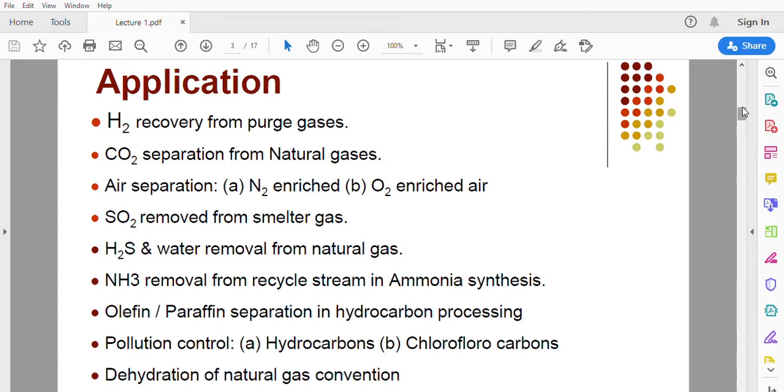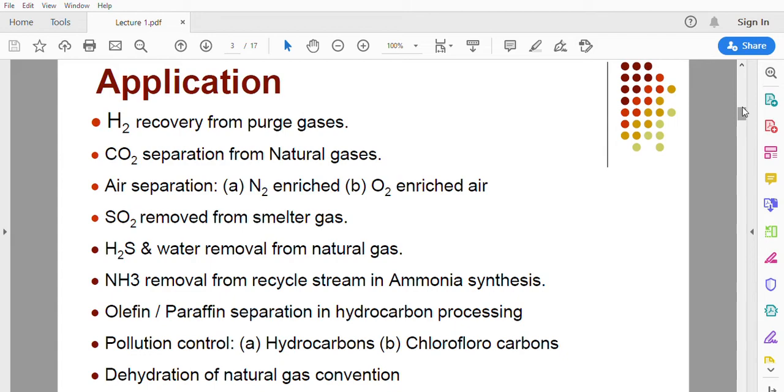Because with the natural gas you are taking out the CO2 also. So in most of the cases the CO2 is separated out from the natural gas and then re-injected into the well. That will enrich the quality of the natural gas, and it will help to maintain the pressure of the well.